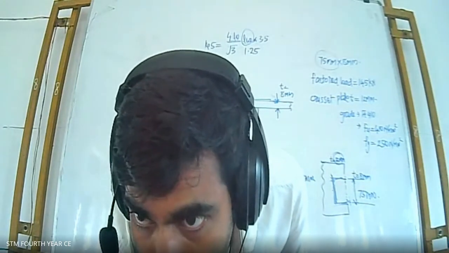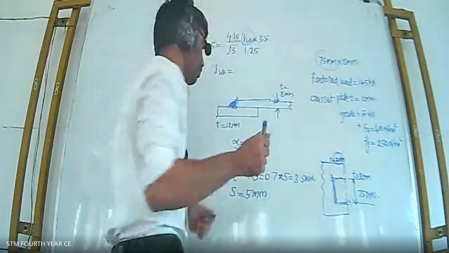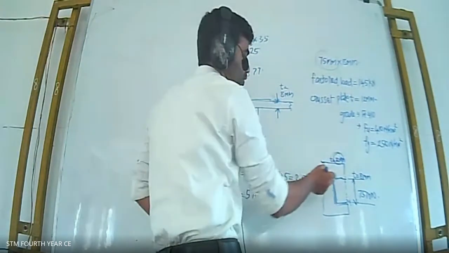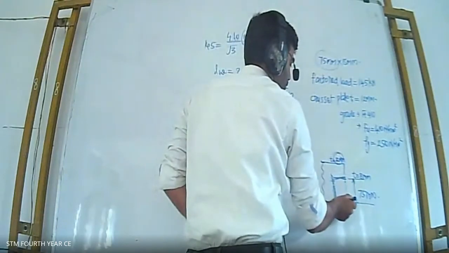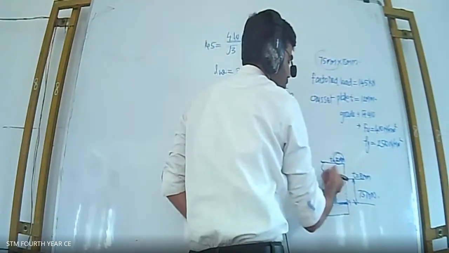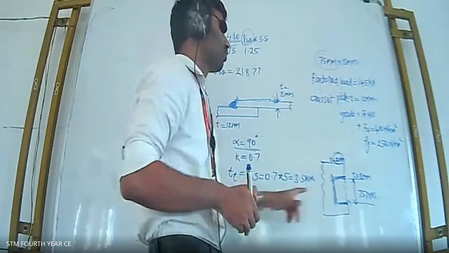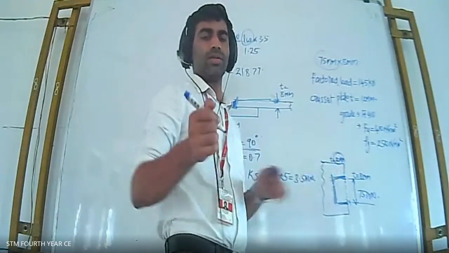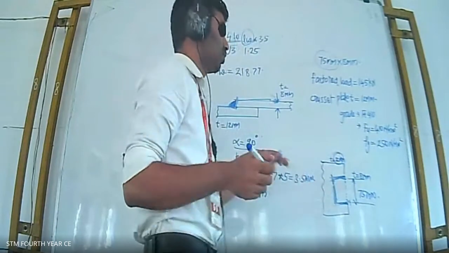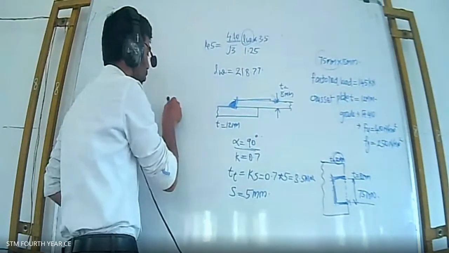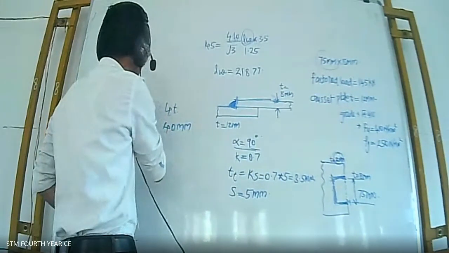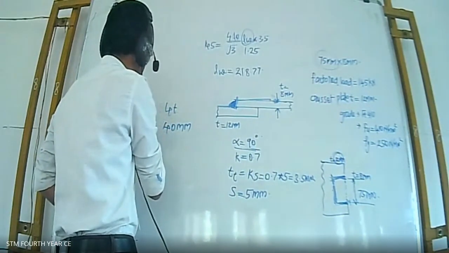Okay, 218.77. So definitely you have to go for these sides. Once you are going to these sides, then you have to remember we can have a lap length which is greater than 4T or 40 mm, minimum lap length.